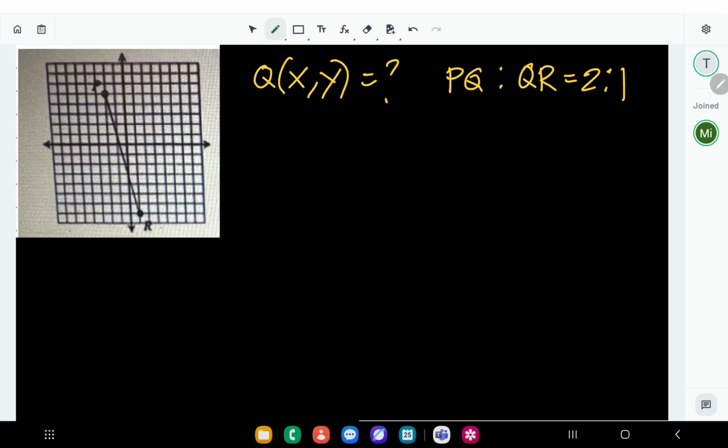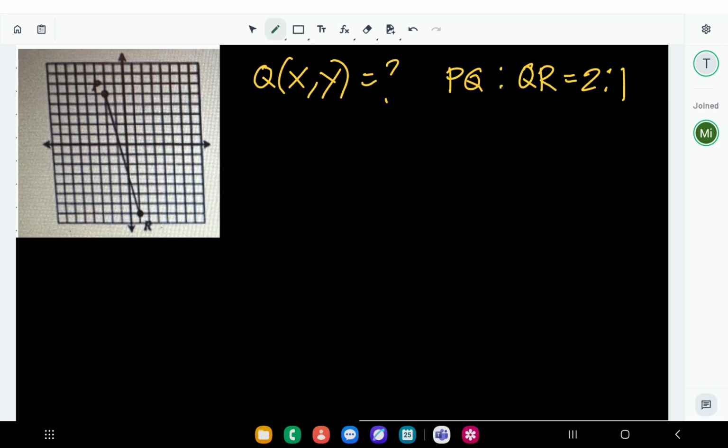Okay, so it's not indicated here that Q is the midpoint of PR. So we can use the midpoint formula for this, but Q is not the midpoint. So that means we're given the ratio here, PQ to QR is 2 to 1.